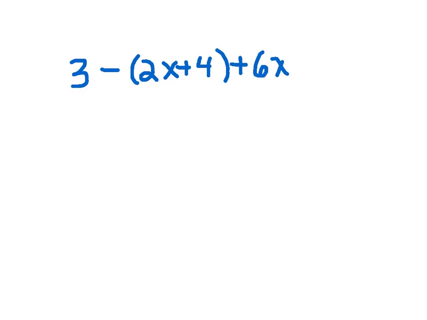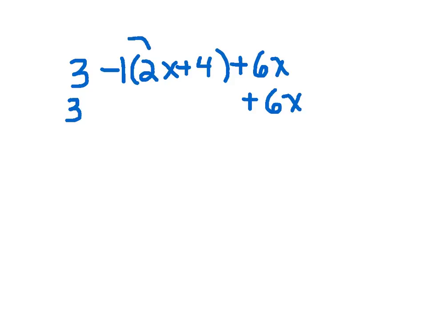Notice we don't have any number in front of the parentheses, so it looks like there's nothing I can distribute. Well, I'm still going to go at this the same way. I'm going to bring down the numbers that don't have anything to do with the distributive property. And since multiplying by 1 doesn't change the value, if there's no number there, what you can do is put a negative 1. Now you're set to go.